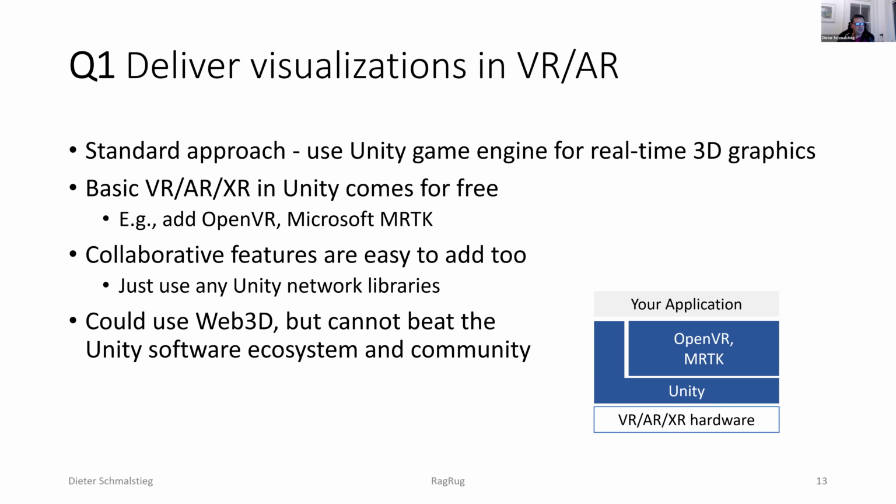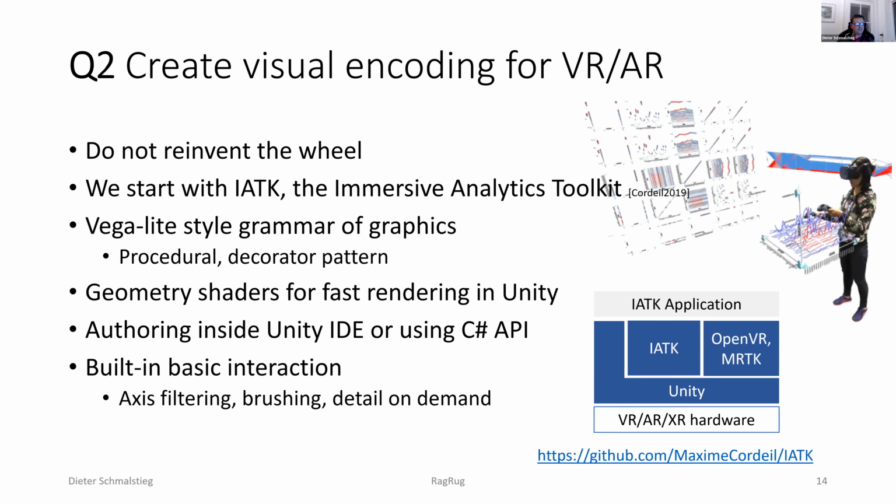Now, what you may not be familiar with is how you create visual encoding for VR, AR, and here we're also not inventing anything new. One of our mottos was, do not reinvent the wheel if there's a good wheel out there. So we take one state-of-the-art implementation, IATK, the Immersive Analytics Toolkit, which basically, if you look at the software diagram, is now sitting here in the middle.